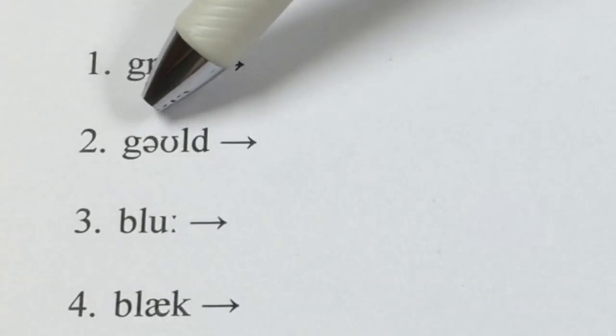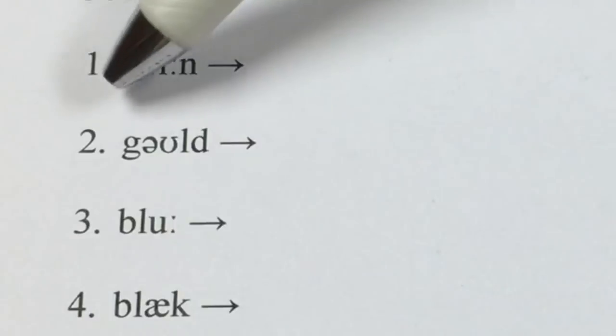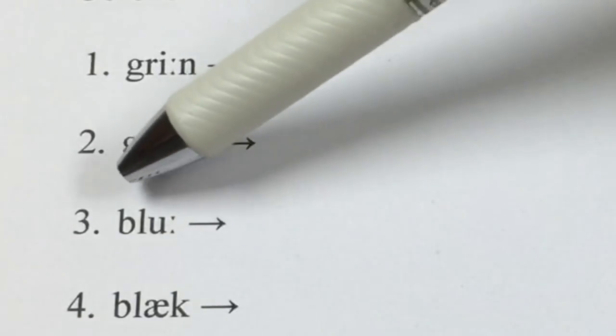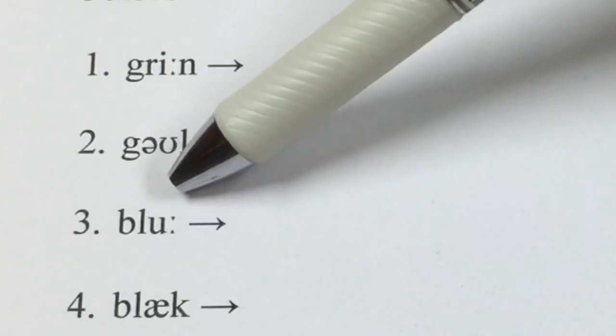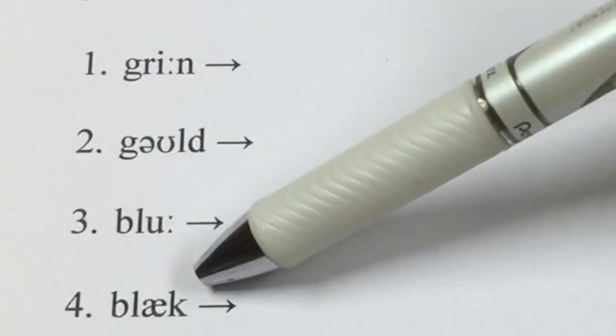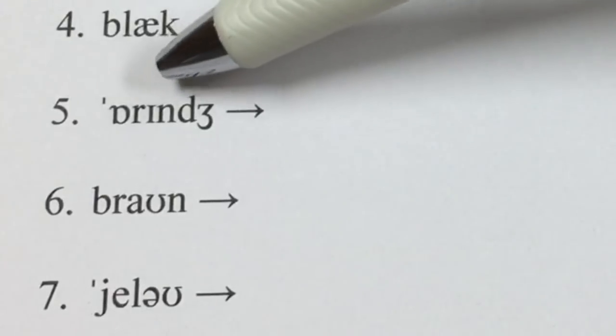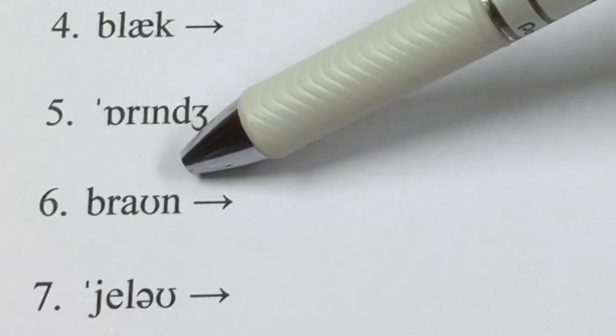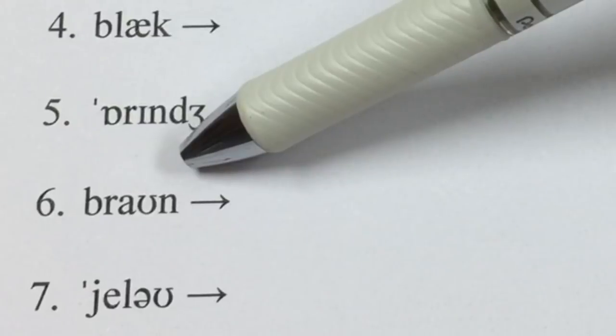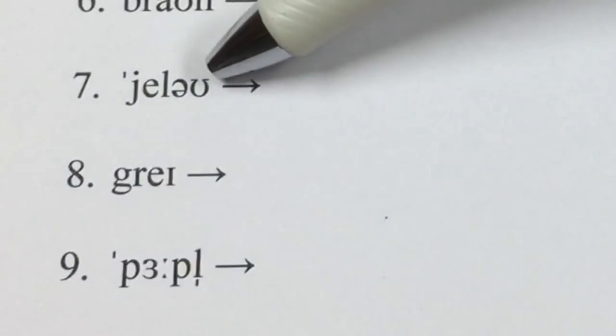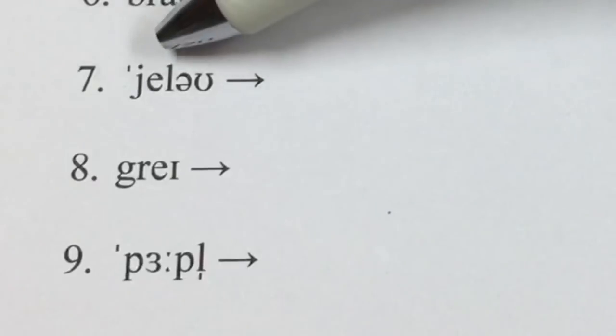This is gold. Blue, can you guess this one? What color is it? This is blue. How about this one? Black. How about this one? Orange. How about this one? Brown. How about this one? Yellow.